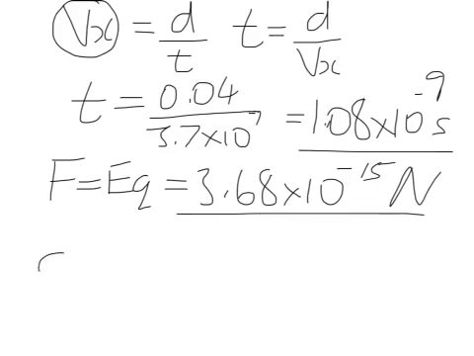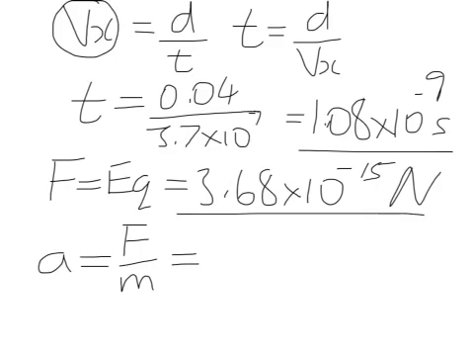From that, we can calculate the acceleration experienced by the electron when it's in that field, simply dividing the force F by the mass of the electron, 9.1 times 10 to the negative 31 kilograms.